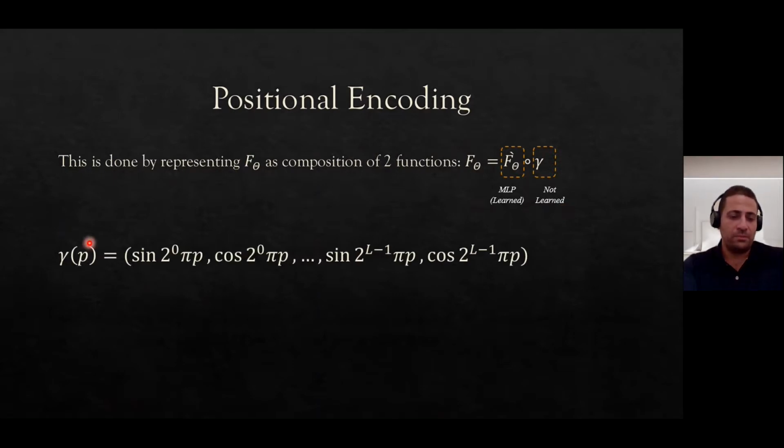So what is the gamma function? Gamma of p, where p represents one of the inputs to the input layer of the network, will be represented by these terms.